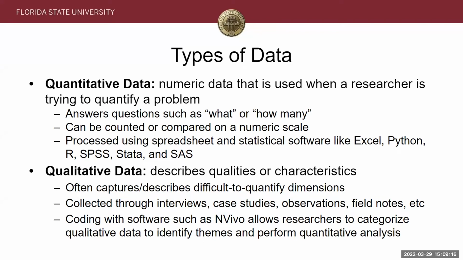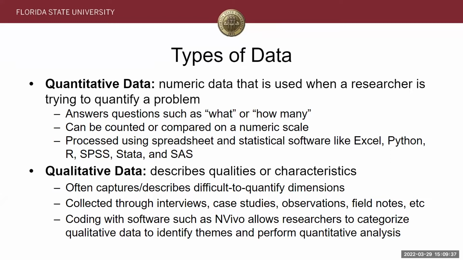Qualitative data describes qualities or characteristics of something. This often deals with difficult to quantify dimensions. A lot of times you see text data. Text data is a type of qualitative data.